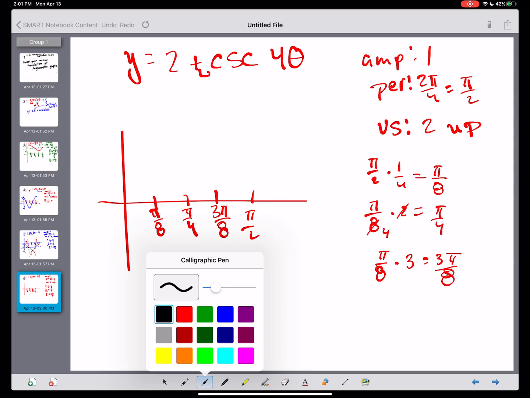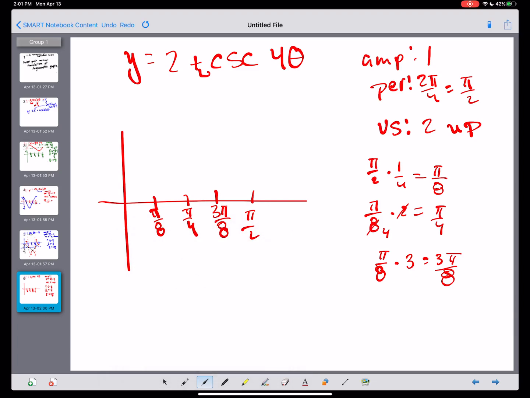Okay, now from here, what we want to do is graph out our vertical shift. It's like 1, 2. Our amplitude is 1, so we're only going to go 1 above it and 1 below it. So we're between 1 and 3. Remember, we're going to draw a midline through. And it's cosecant.